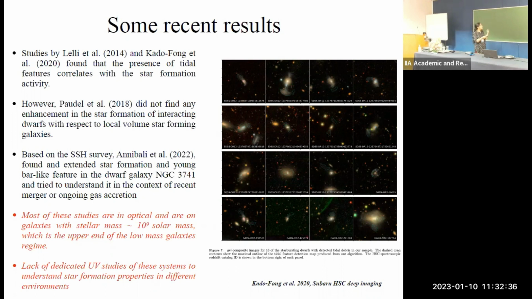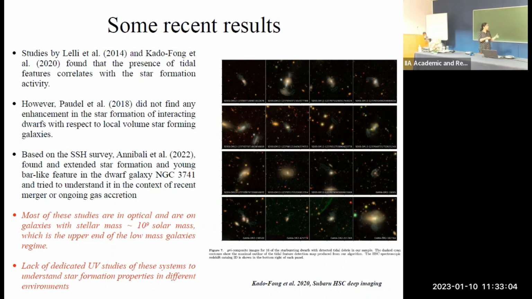But there are also studies which did not find enhancement in star formation of the interacting dwarfs with respect to the local volume. There was a recent paper which looked at this using the Large Binocular Telescope. They looked at the galaxy NGC 3741, where they found extended star formation and a young bar-like feature in the dwarf galaxy, which corresponds to the H1 bar that they had previously identified.